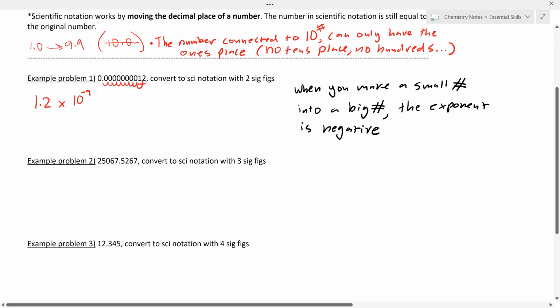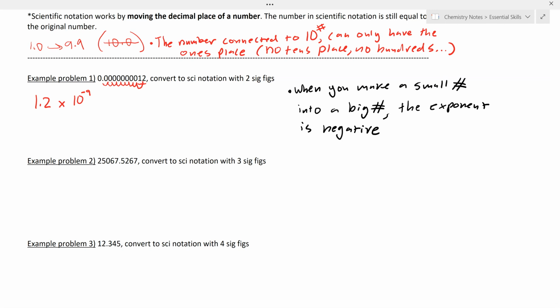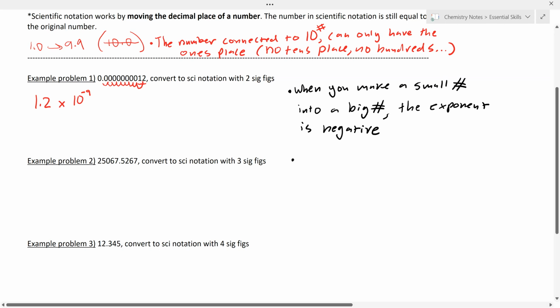And I have an easier time remembering this currently because my first introduction to scientific notation was only positives and only making big numbers smaller, which is going to be our next point. So that's a little easier for me to remember. I'm sure some other people have other ways of remembering this.